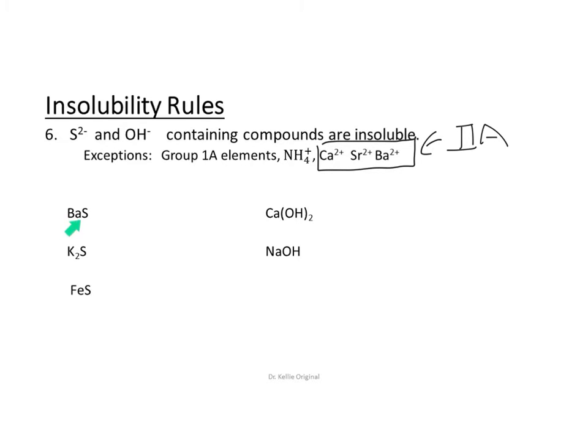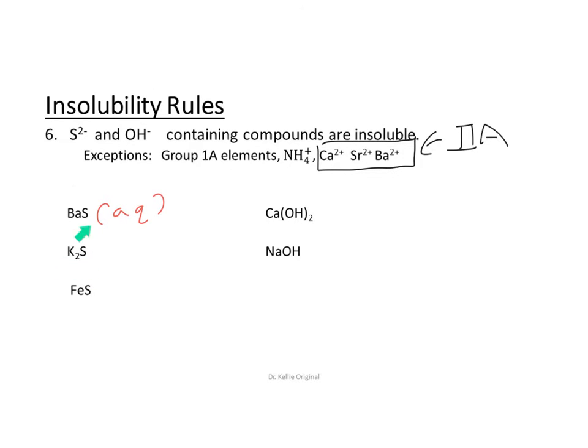We have barium sulfide. We have a sulfide, so that says it's insoluble, except barium's an exception. So that means that it does dissolve in water. We have potassium sulfide.